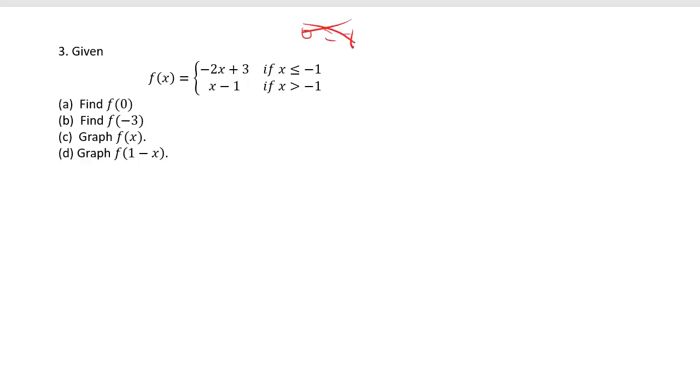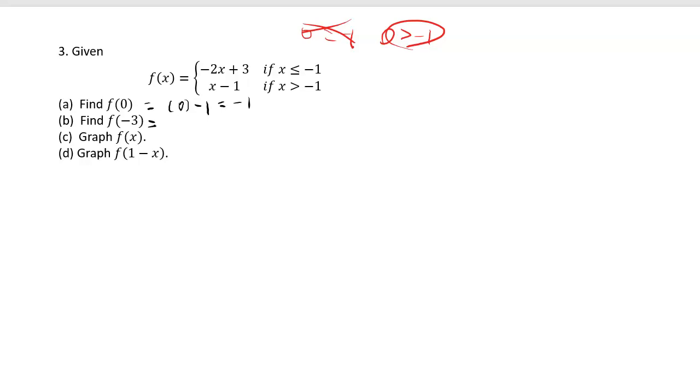That's not true. However, 0 is bigger than negative 1. Therefore, we should be following x minus 1 in order to evaluate f of 0. So this one would be 0 minus 1. In other words, you plug in 0 here, which gives negative 1.